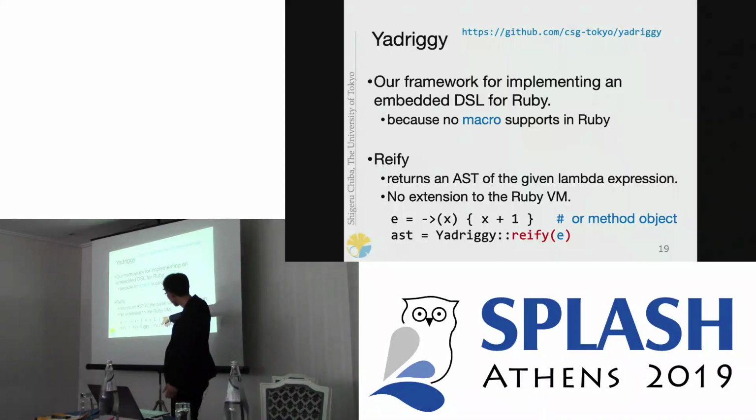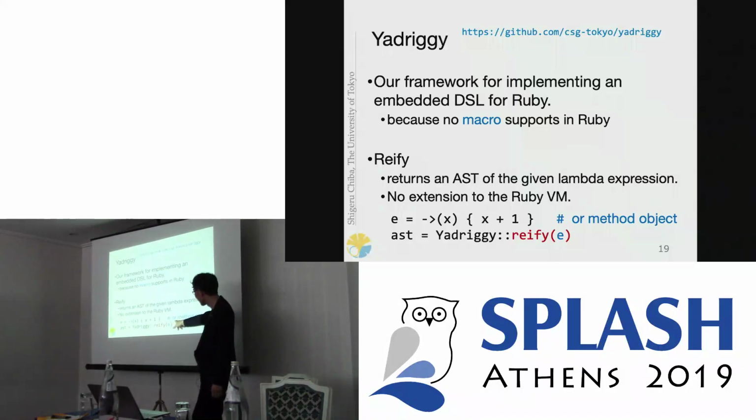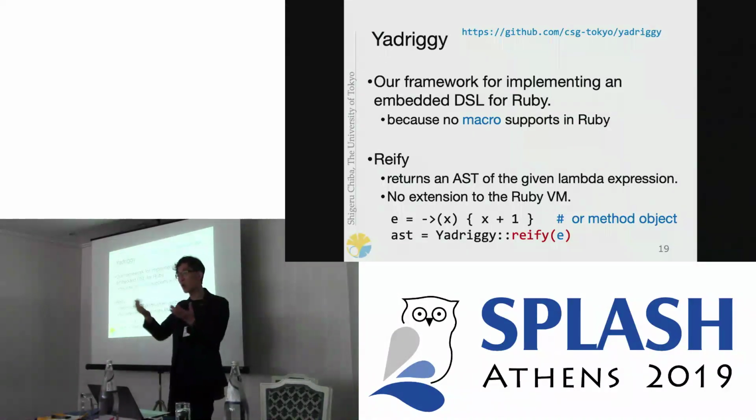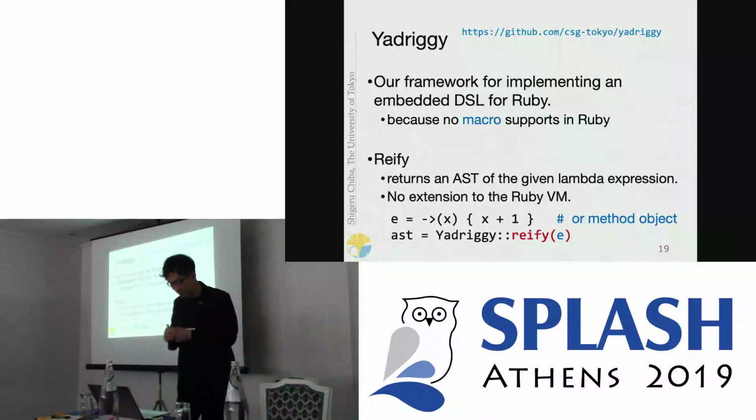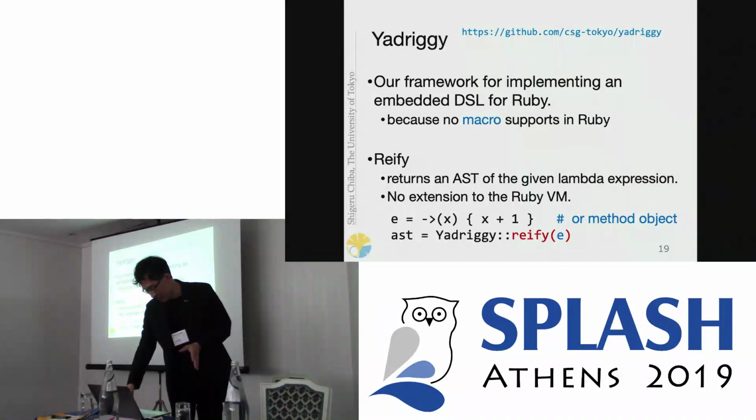If you make a lambda expression here, which is Ruby syntax, and pass it to the reify method provided by my library, it automatically finds the source code and constructs an abstract syntax tree and returns it. So it's like a macro, but it's not a macro. It's reflection.